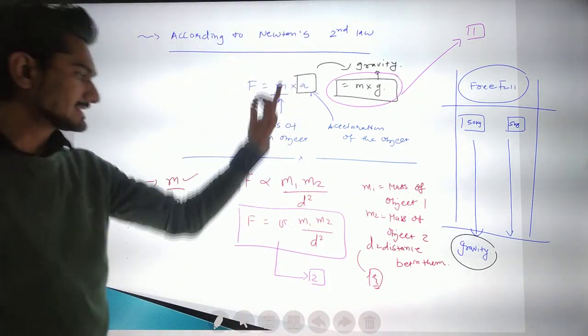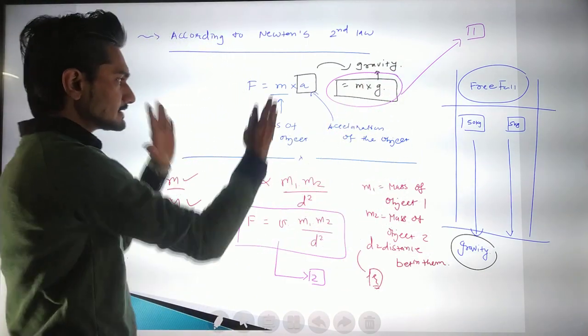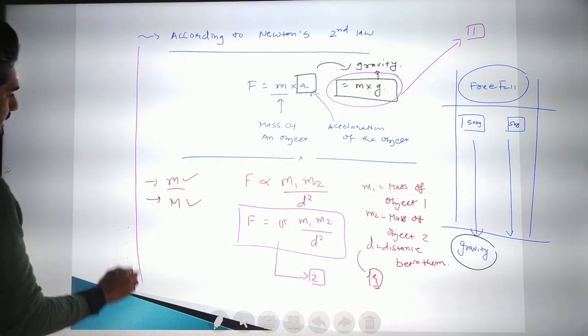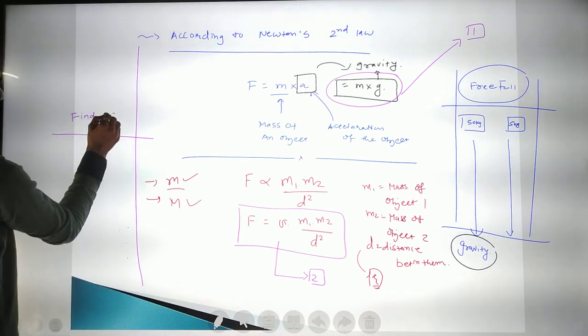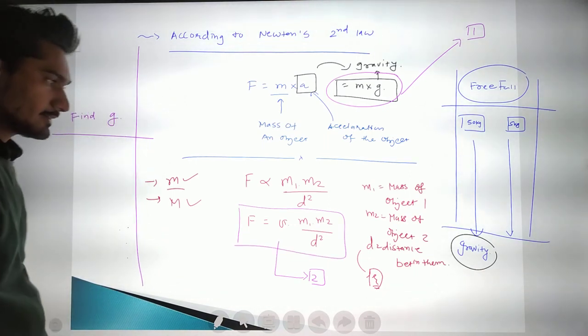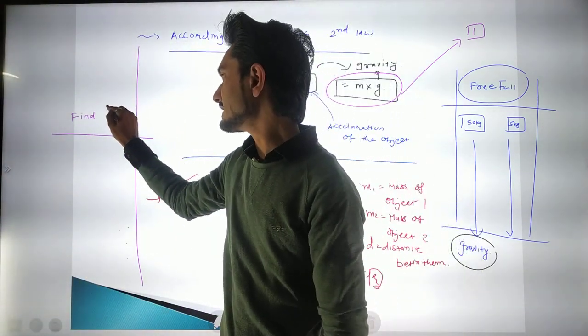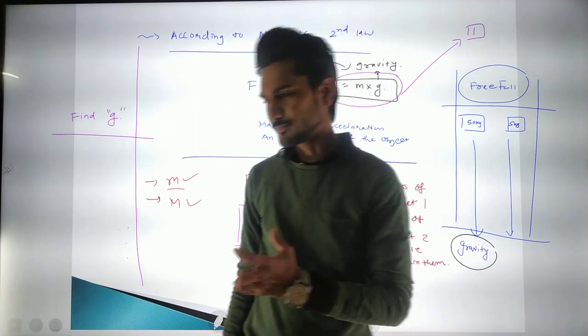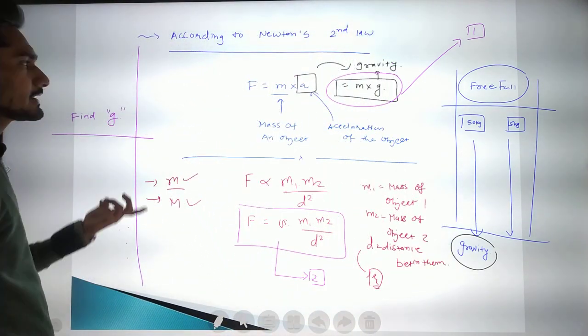The first and the second equation, I will compare with each other, and then I will find out the actual value of g, the gravity's universal constant's value.